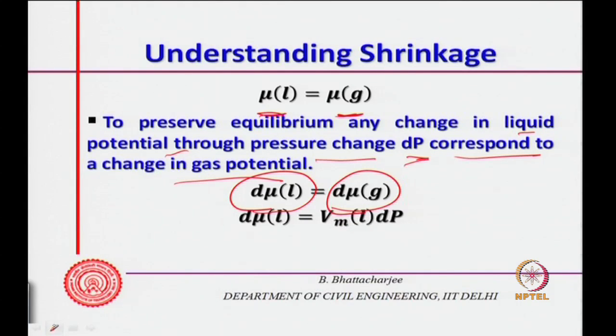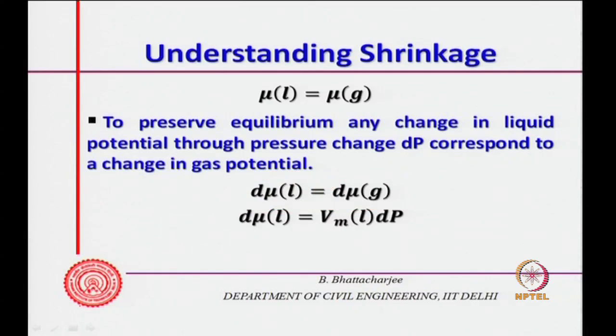Now, one can write d mu L as V m L, the molar volume of the liquid, into dP, because the molar volume is not changing. P dV is the work done, P dV plus V dP. Since there is no volume change, one can write V dP.